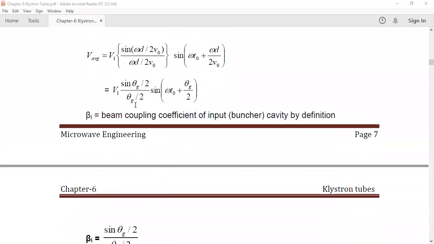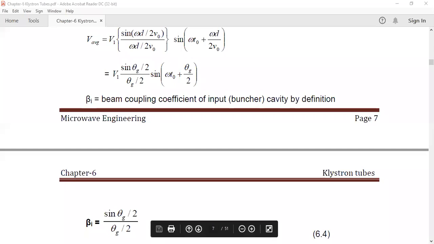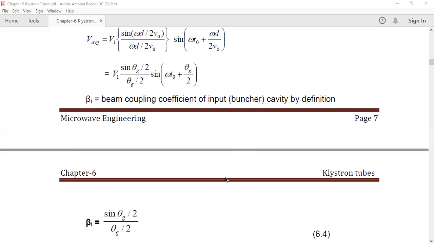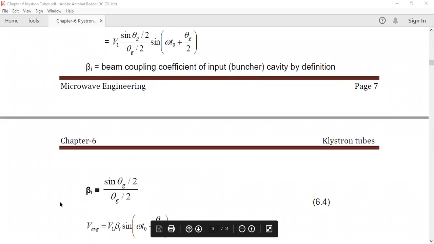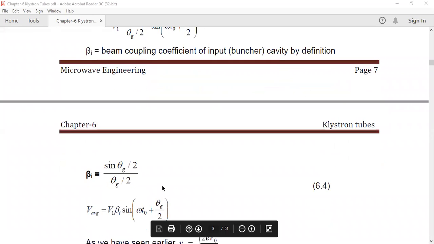And we can take sine theta g by 2 by theta g by 2, that is nothing but you can put as beta I. So beta I is the beam coupling coefficient of input cavity or puncture cavity. So beta I is nothing but the beam coupling coefficient, that is sine theta g by 2 by theta g by 2. That is the beam coupling coefficient of the puncture cavity.